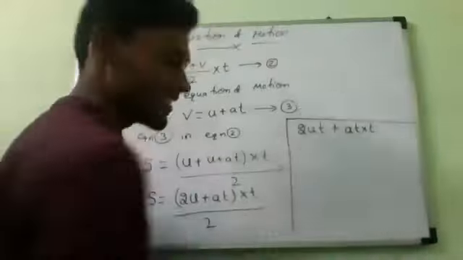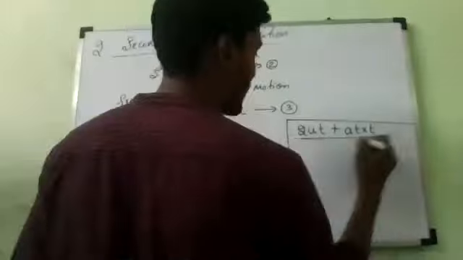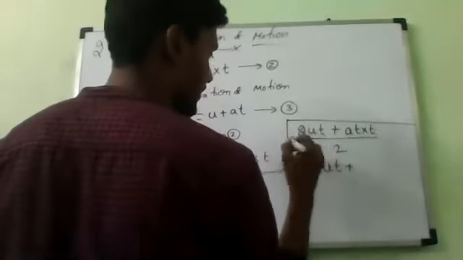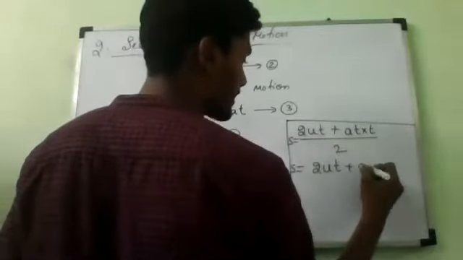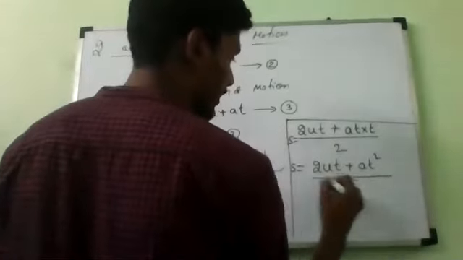Divided by. Now I can write S equals 2UT plus AT square divided by 2.